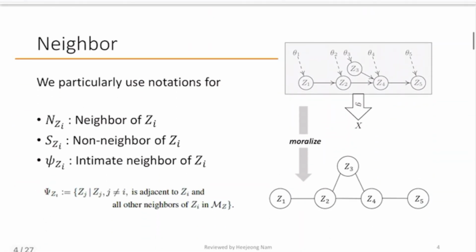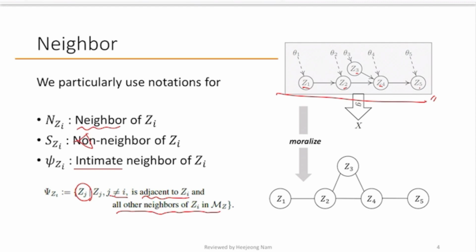And we will talk about the neighbors. Let's assume that we have the graph like the figure here, with Z1 to Z5. We use the notation N for the neighbors of Zi and S for the non-neighbors, and Psi to denote the intimate neighbors of Zi, where an intimate neighbor is Zj, with j not equal to i, that is adjacent to Zi and to all the neighbors of Zi in MZ.